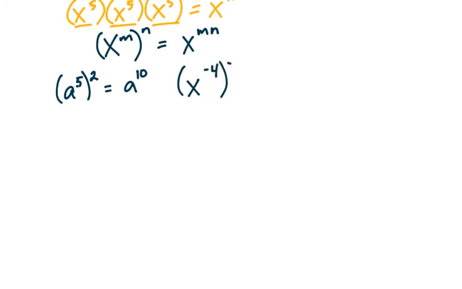And if you raise that to the negative 2 power, we just rewrite our base and we just multiply these two exponents. The negative 4 times the negative 2, because they're both negative, it becomes a positive 8. So that's all you do is multiply those exponents.